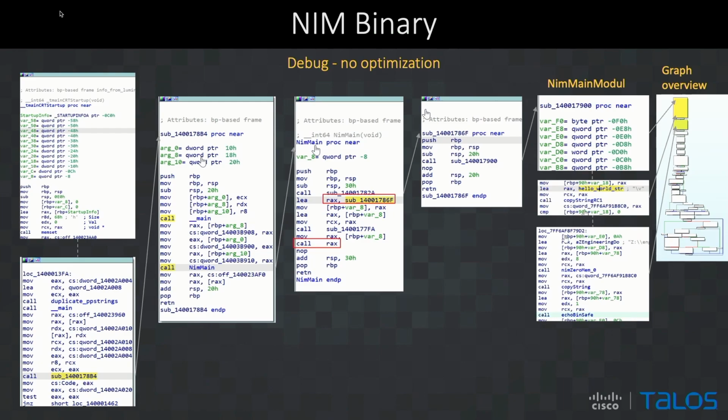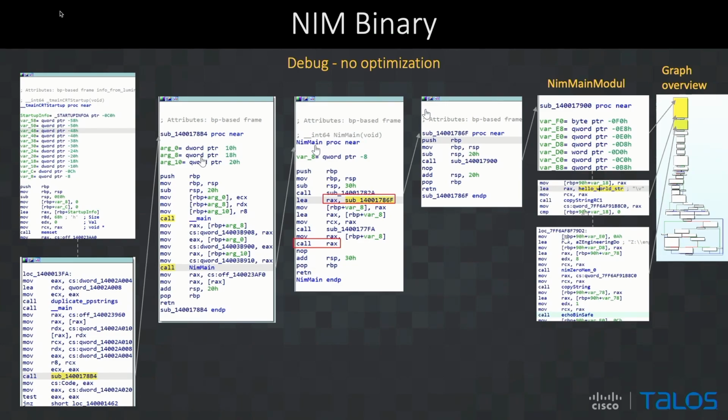They are mainly meant to be a reference for you when you are at home and want to reverse a Nim binary, a kind of map of how you finally get to the Nim main module, which is actually the user's code, like Vitor mentioned earlier. If I'm using the term user code, I mean the code which was written by the malware author, pretty much all the code which does not belong to the runtime or other libraries.